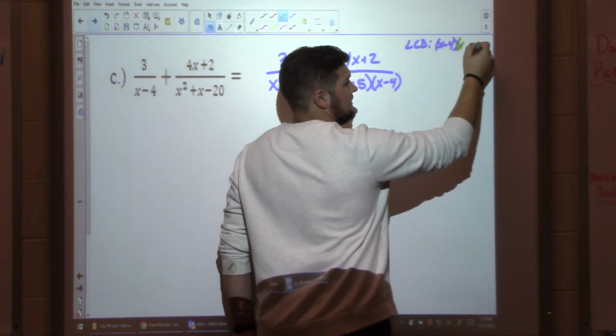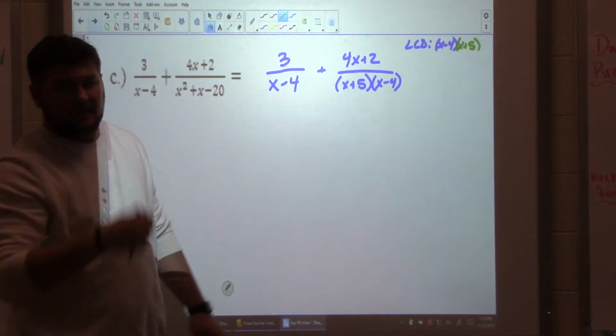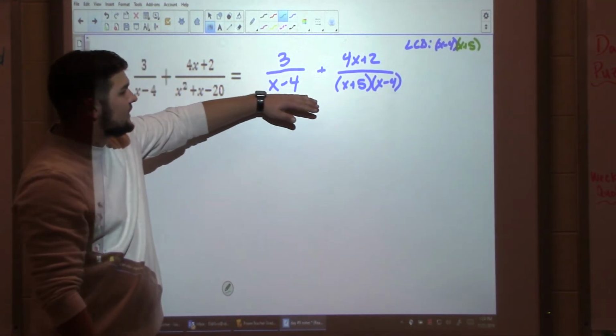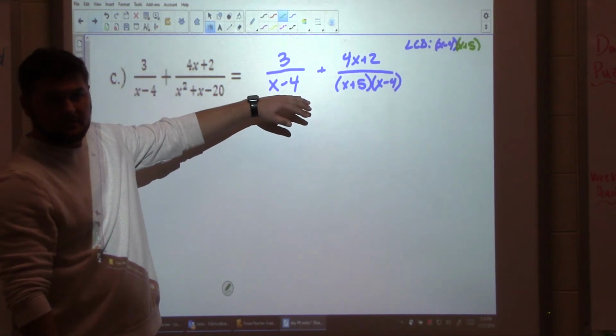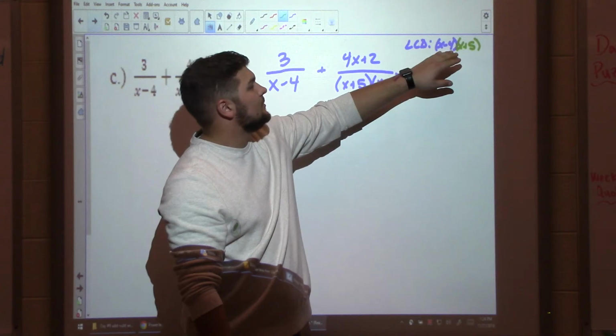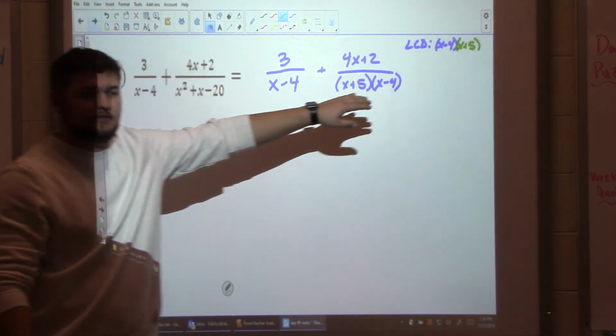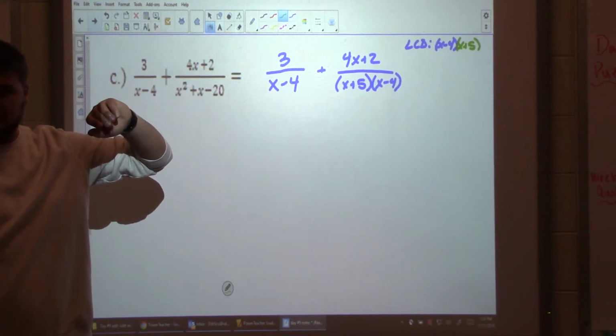Right? Because they already share x minus 4. I don't need to worry about that. And then I'm only going to multiply the first fraction by x plus 5 to get that least common denominator then. So my least common denominator will be x minus 4 times x plus 5. Does that make sense? Yes? No?